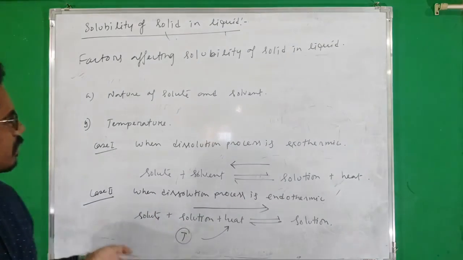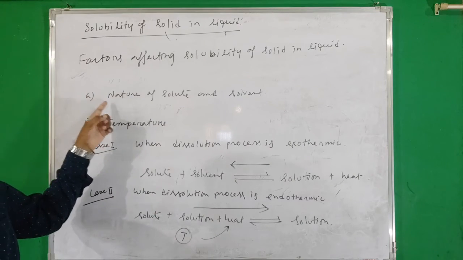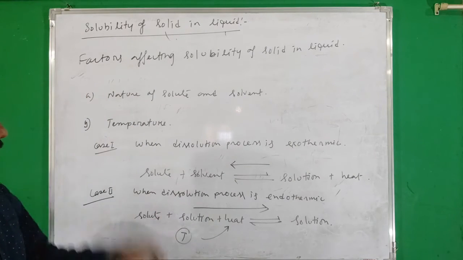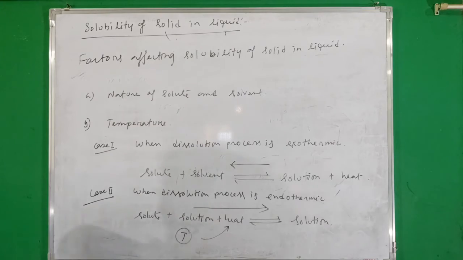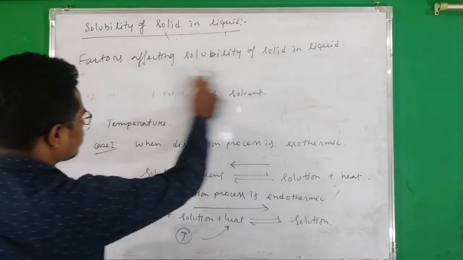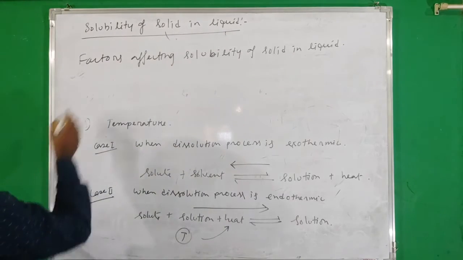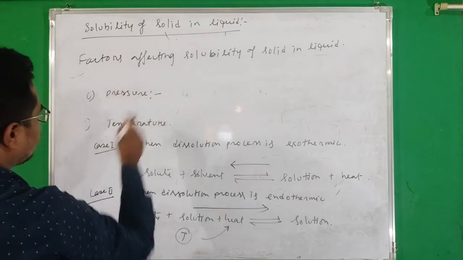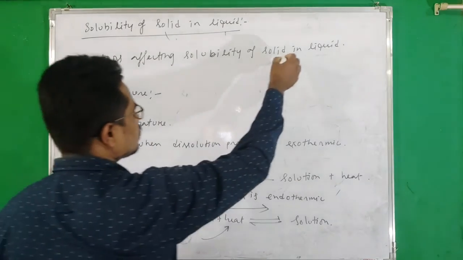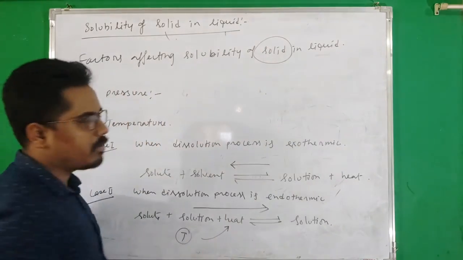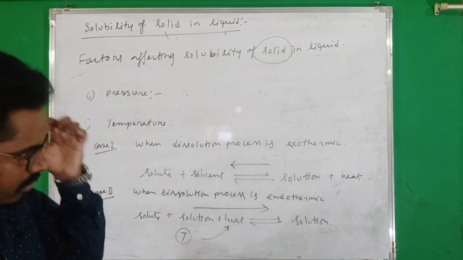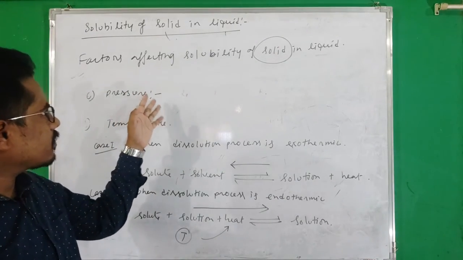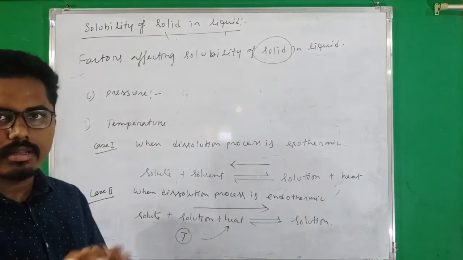So therefore we have observed two factors, that is nature of solute and solvent, after that temperature, and the third factor is pressure. Okay, the third factor is pressure, and in this case pressure has no effect because solids are incompressible. We cannot compress the solids. So therefore pressure has no effect on solubility of solid in liquid.